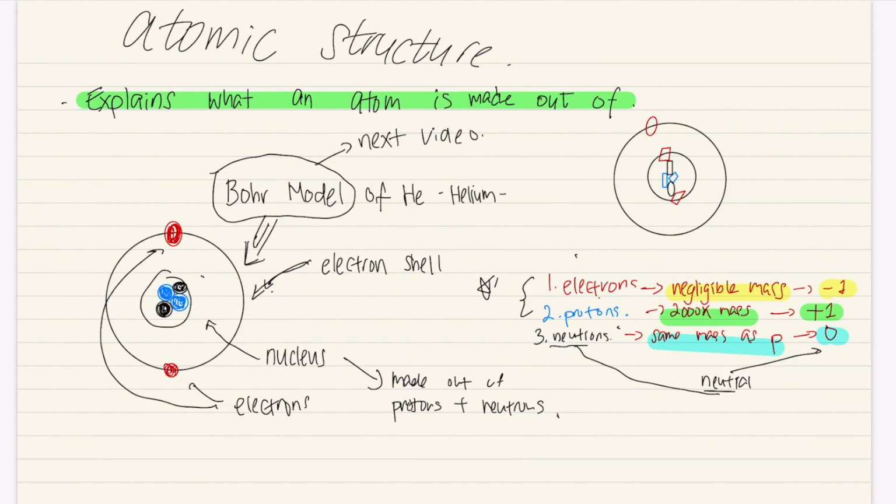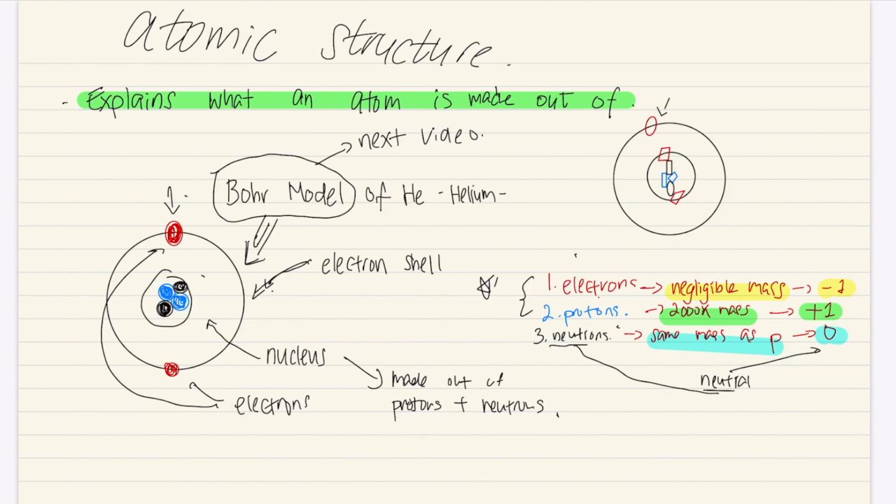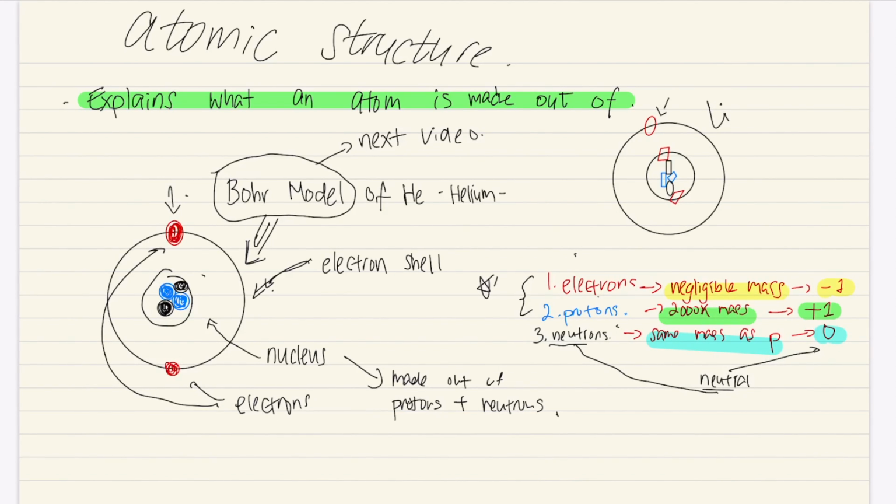So an electron in lithium and an electron in helium are no different. The only thing that makes each of these elements unique is the number of electrons, protons, and neutrons it has, and the placement of these particles.